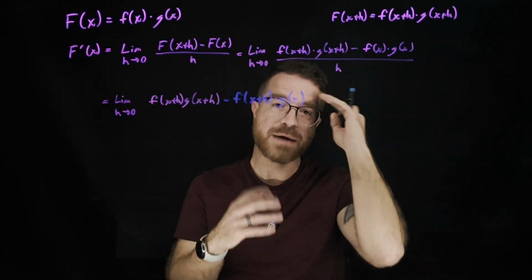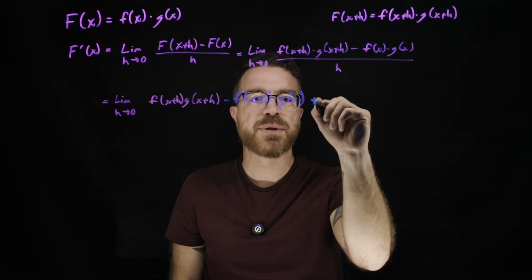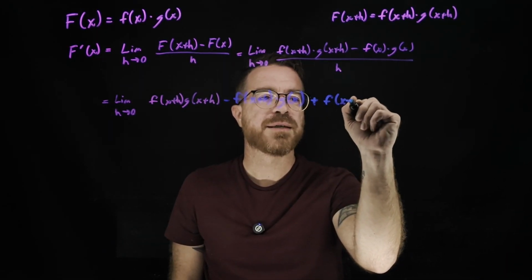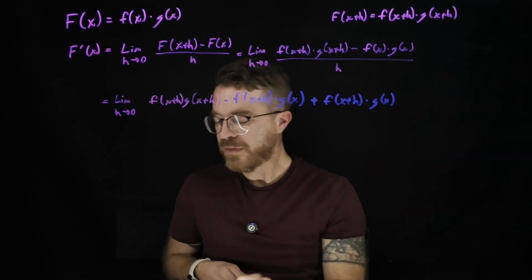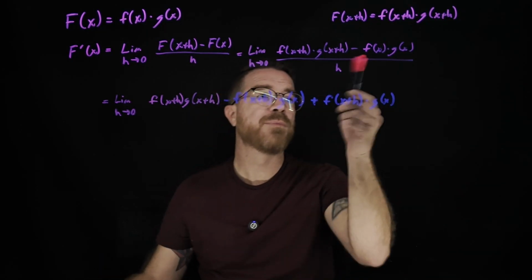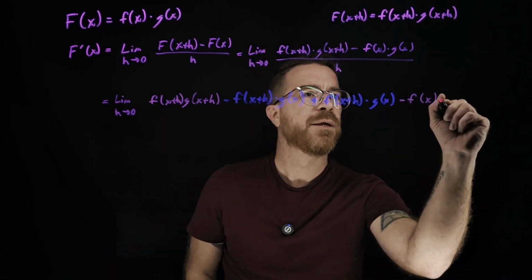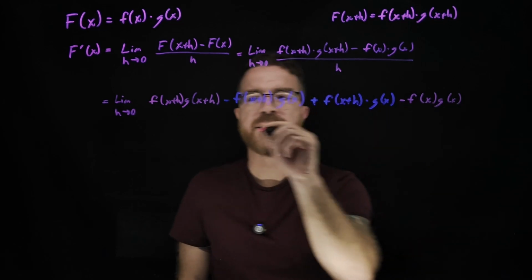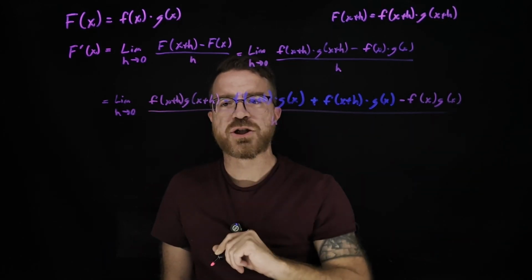That way it equals out to 0, so I haven't actually changed what we have here. So this is going to then be plus f of x plus h times g of x. And then, of course, I will continue with my minus f of x, g of x, and then this whole thing is still divided by h.